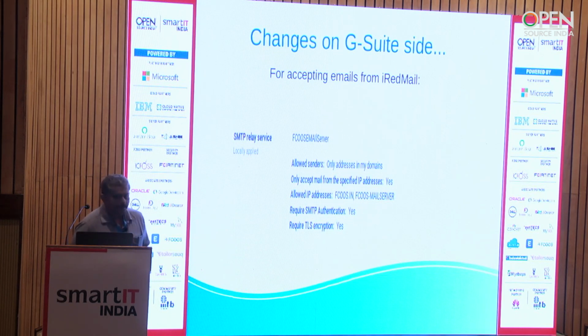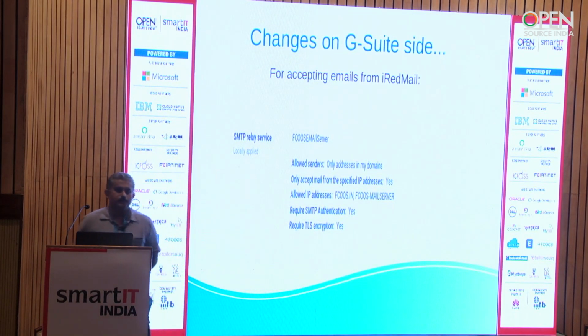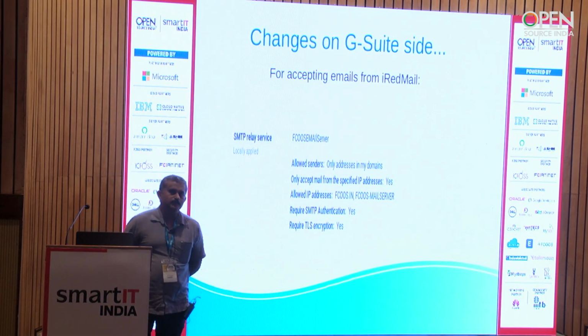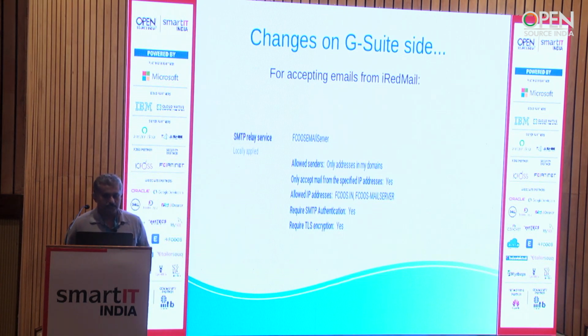Once you have the G Suite server and your Linux server, G Suite will be sending the mails to the Linux server with the first option. But if you have 10 or 20 users in G Suite, they need to receive the mails locally. So for that we need to make these changes.